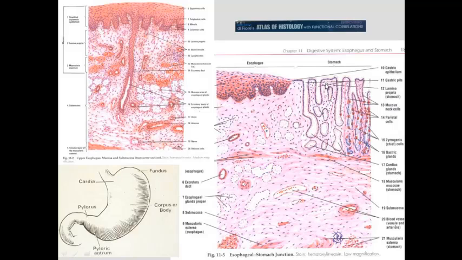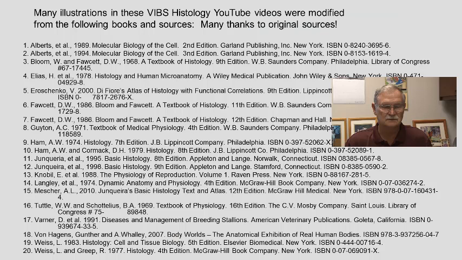This is the cardiac region here. This is the fundic region, which has hydrochloric acid secreting cells, parietal cells, and chief cells, as opposed to this, which just has a mucus type cell.